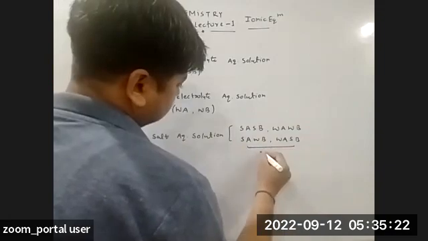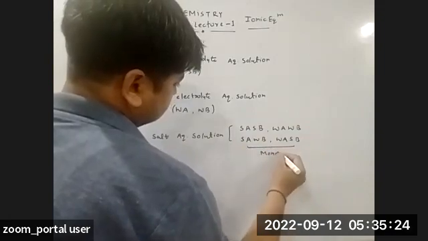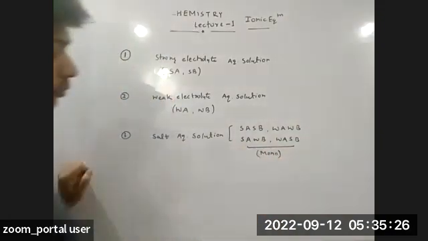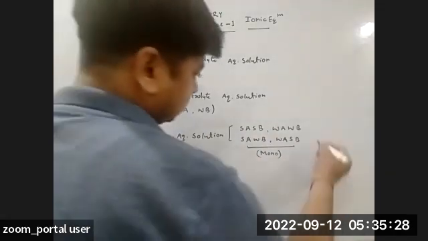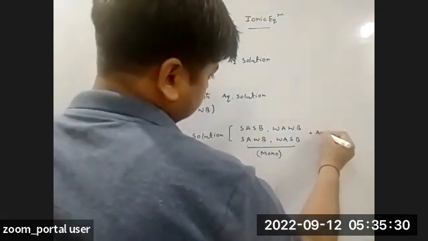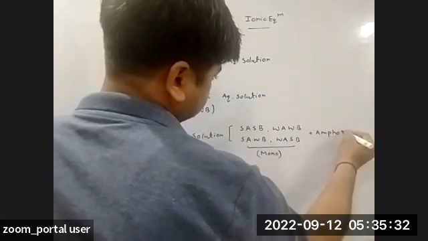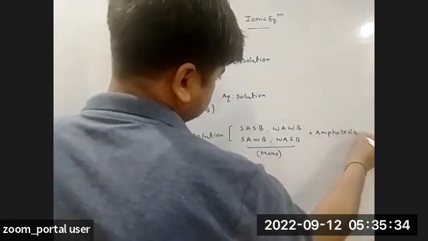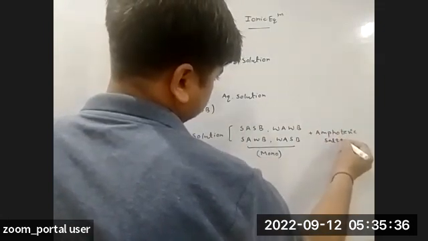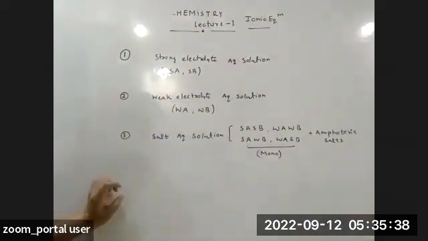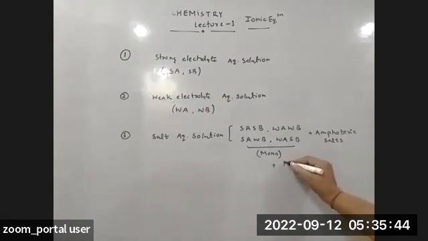These are for monoprotic acid or monoacidic base. Plus, we can have amphoteric salts, as well as Na2A, Na3A type solutions.